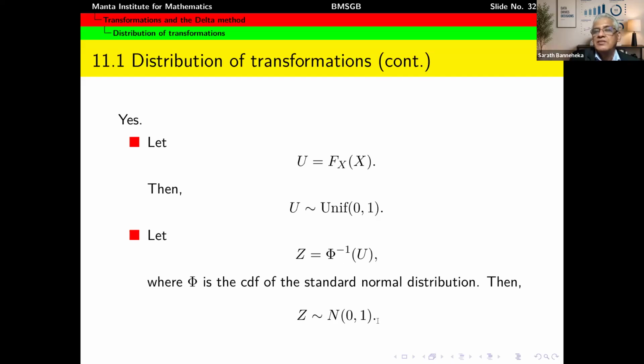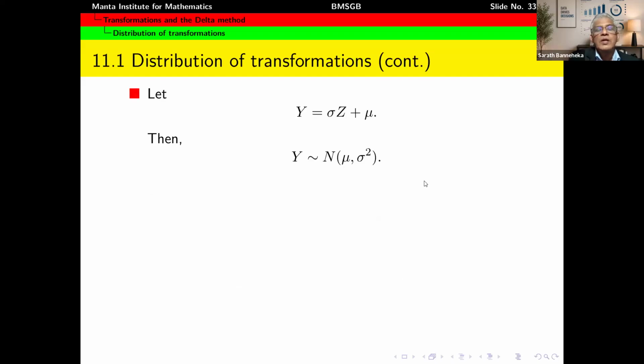So that's one particular example where you can convert whatever data you have for the random variable X to standard normal data. But now suppose you don't want standard normal data, you want normal data with some mean mu and standard deviation sigma.